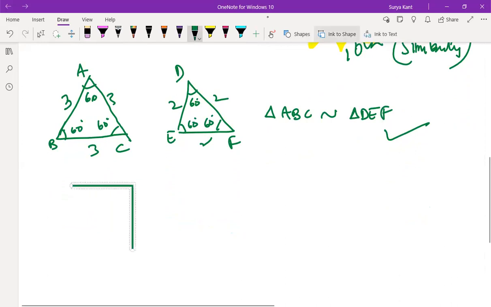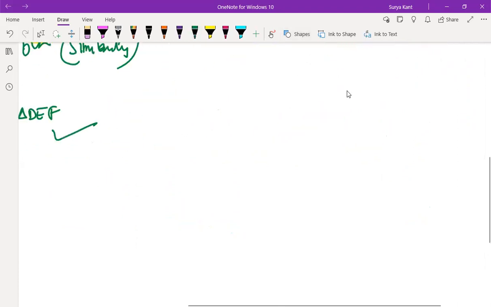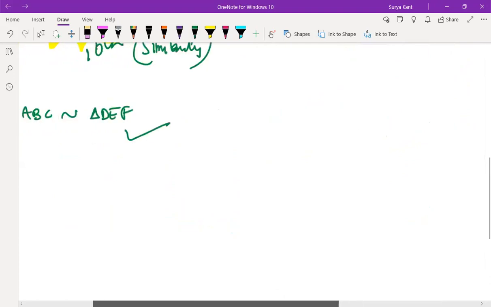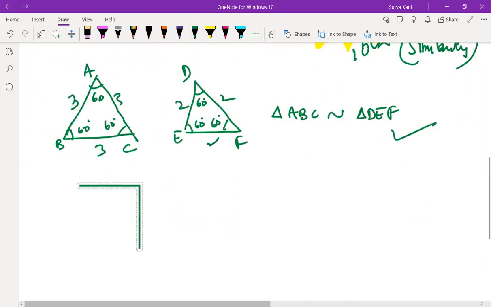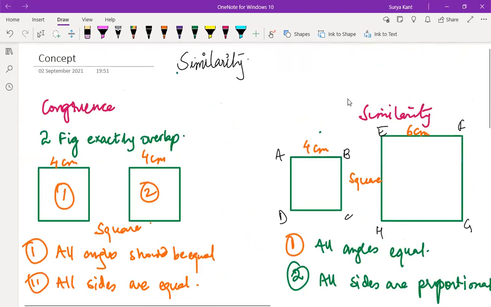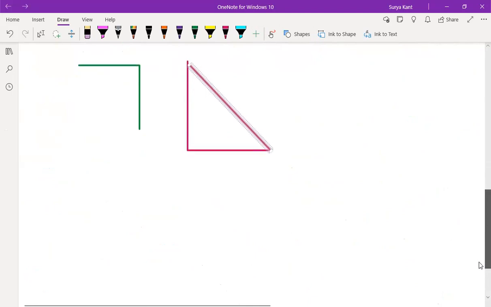This is one figure, and the second figure is... Something is mismatching here.